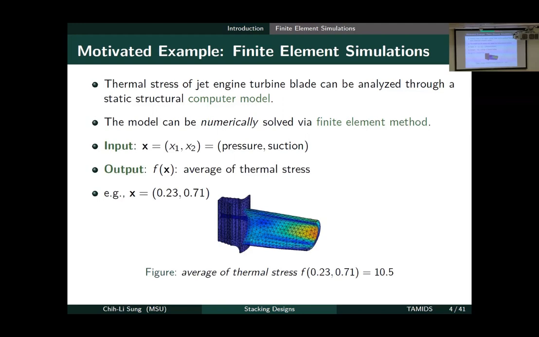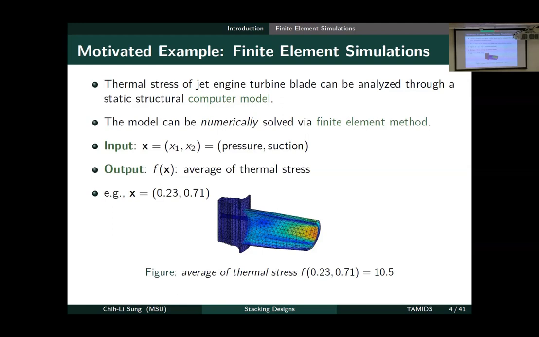Of course, if your output is a 3D image, it will be more challenging. But as a starting point, we focus on this average thermal stress as our scalar output. What we are interested in is that oftentimes engineers want to explore the input space. For example, we want to try different pressure values and suction values. Of course, you can run this simulation, but the simulation takes time.